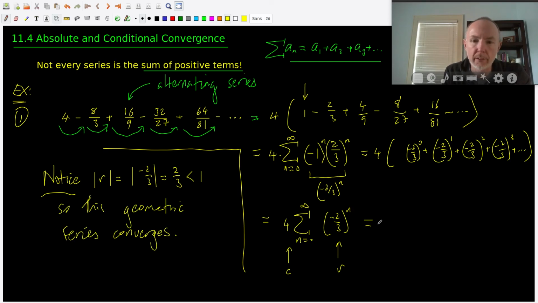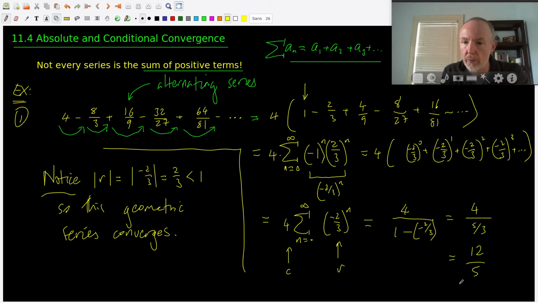And so this geometric series converges. And if you remember the formula, it converges to c over 1 minus r. And in this case, r is -2/3. So this is 4 over 5/3, which is what? 12/5. So this series will converge to 12/5, and it's not all positive terms. And so we can conclude that, we see immediately that series that don't have all positive terms can converge.